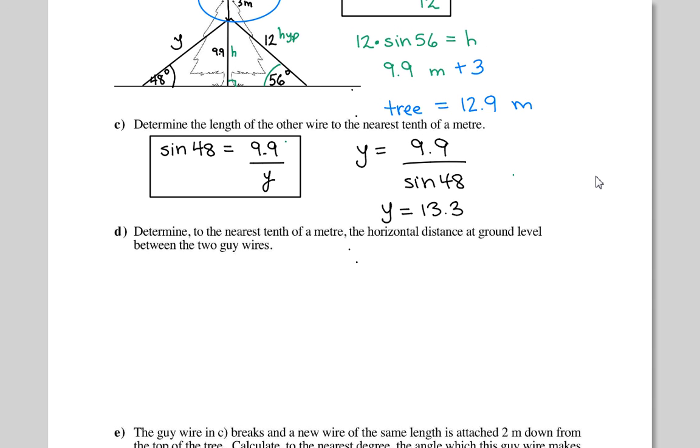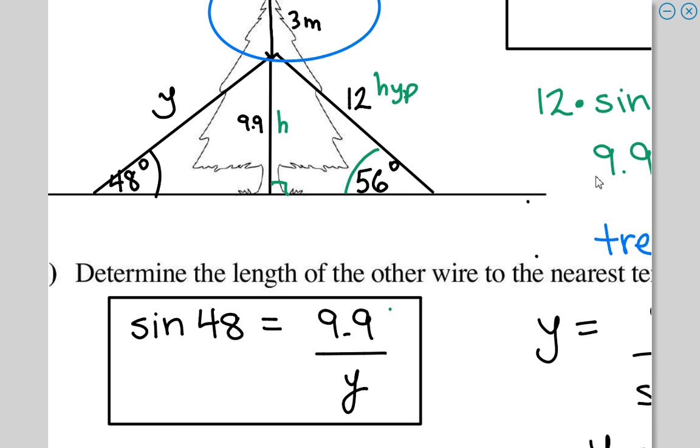Okay, now part D, the horizontal distance at ground level between the two wires. So I need this, x1, and I need this, x2, and I got to add them up. That would be the total distance. You guys okay with that?